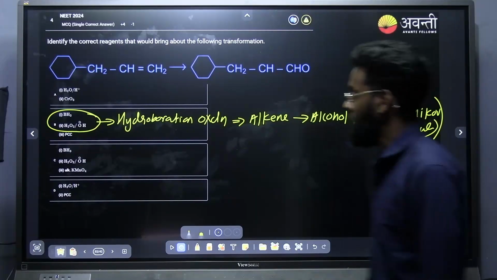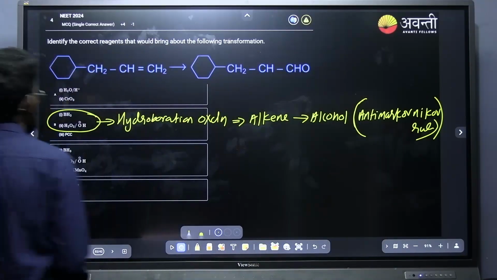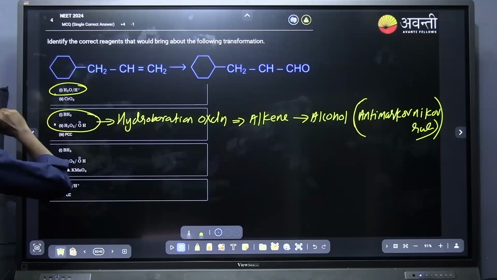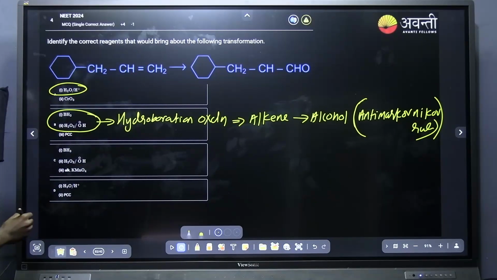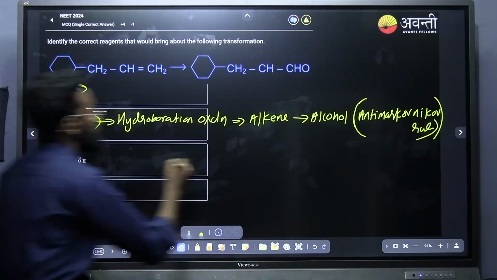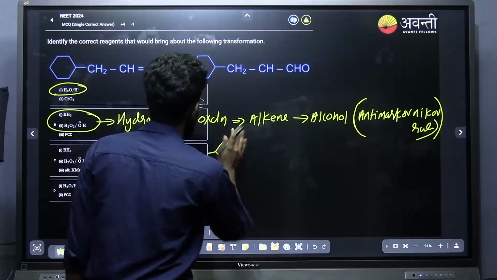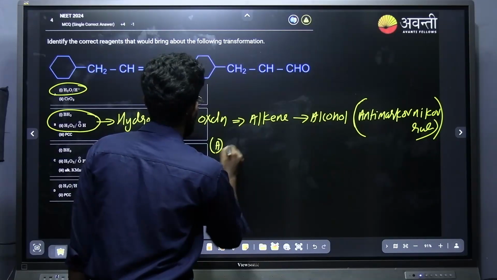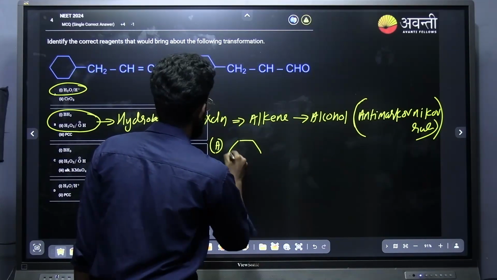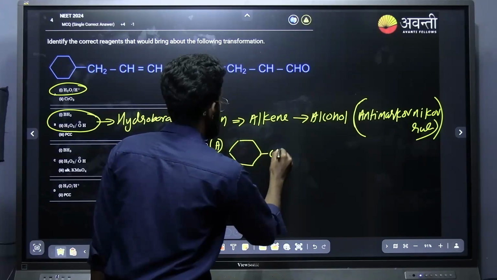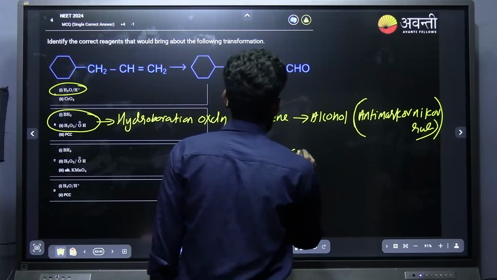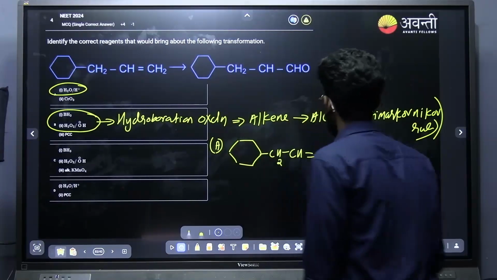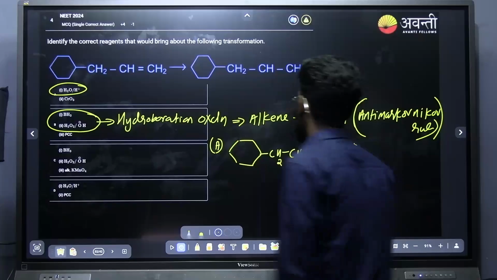Okay. Now I am going to the first option. H2O in presence of water, hydrolysis. What will the water be doing to the alkene? I am taking the first option, A. CH2=CH-CH2. Here, addition of water, which rule will it be following? Markovnikov rule.